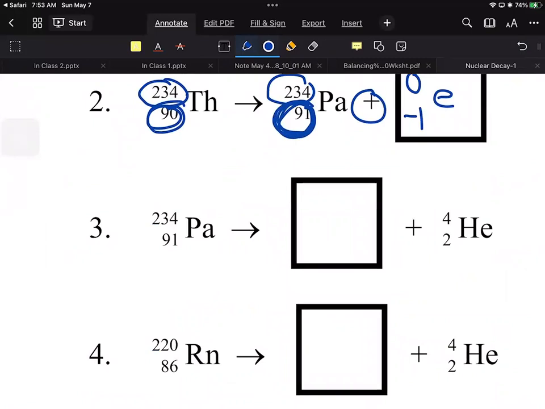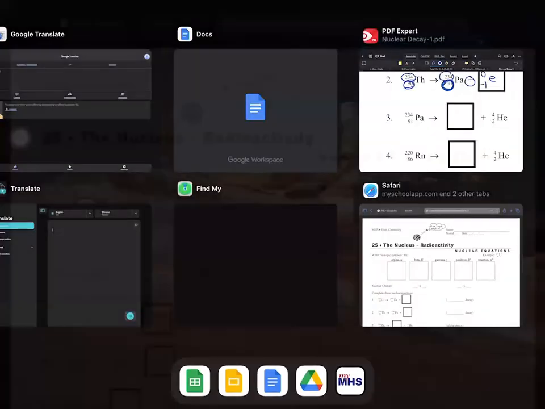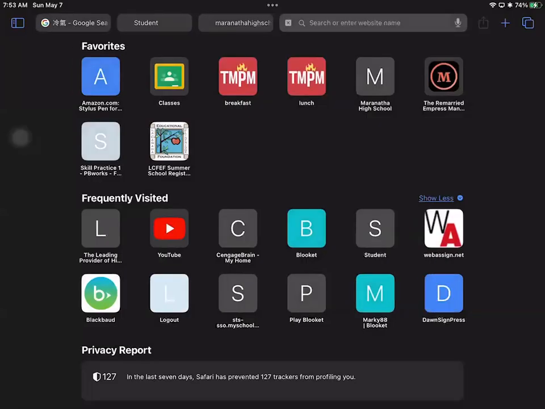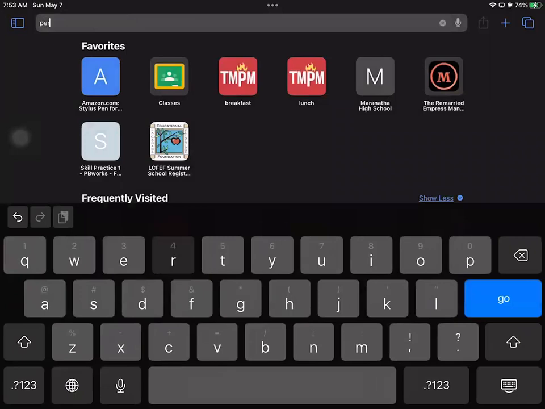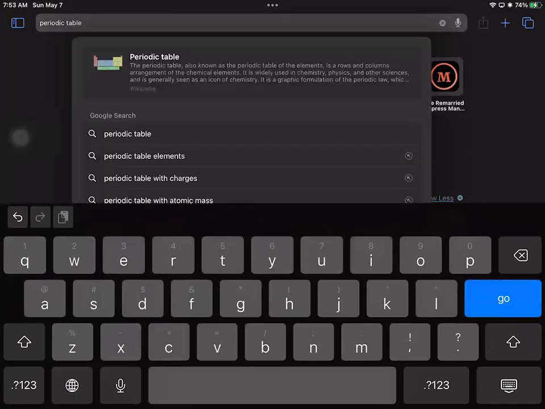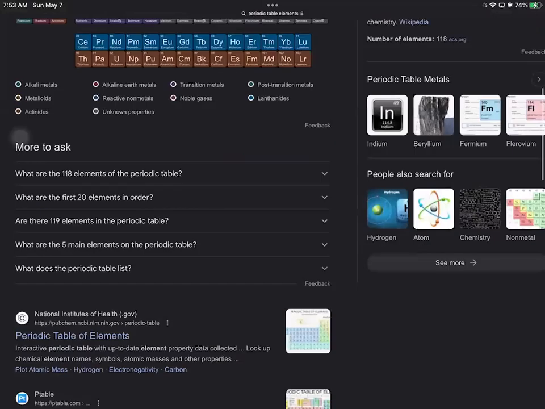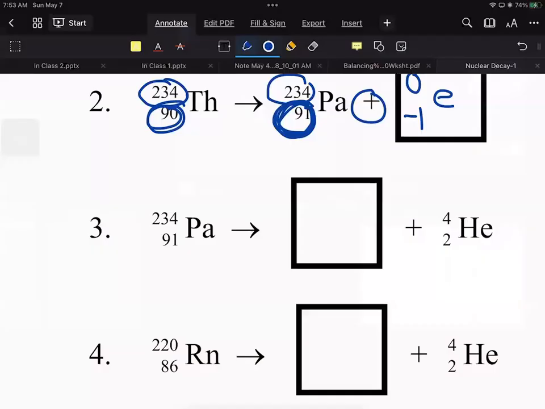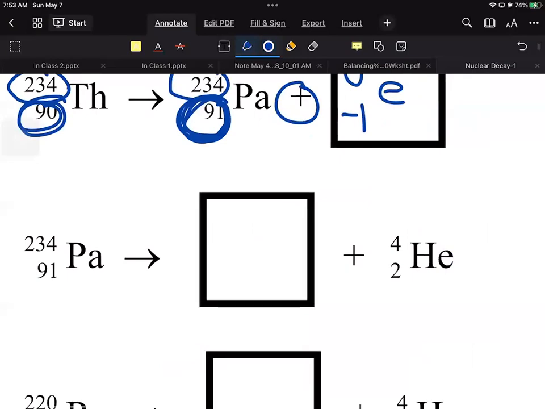Now we need to find out the element. Let me pull up a periodic table. All right. So 234 breaks down into 4 and something else. What plus 4 equals 234? That'll be 230.